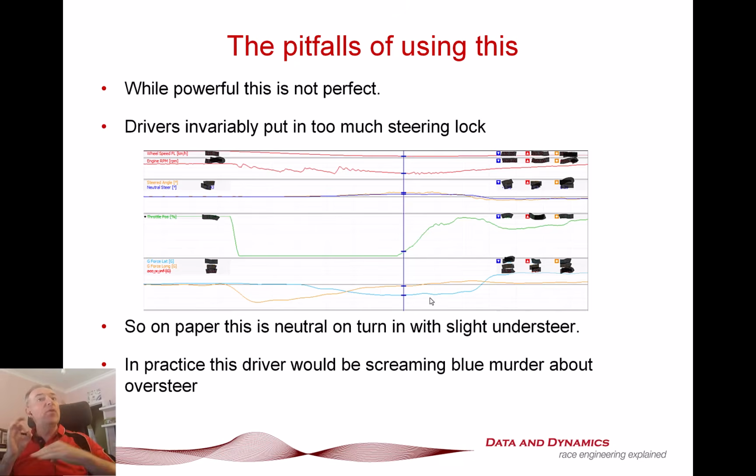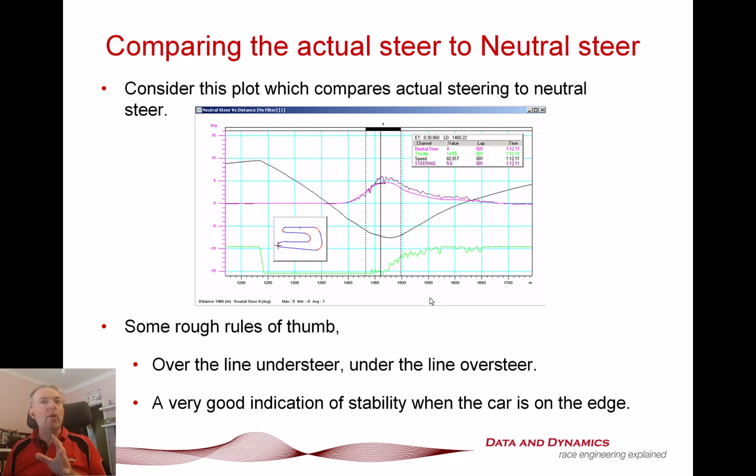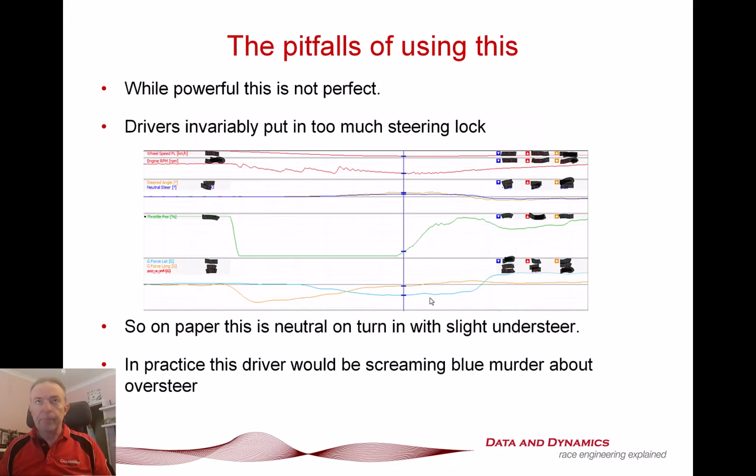The disconnect is because he's just applied a bit too much steering lock. In this case, the driver hasn't applied masses of steering lock, but he still applied a bit much. So consequently, when we're looking at the neutral steer channel, it's a great start point, but it's not the complete story.